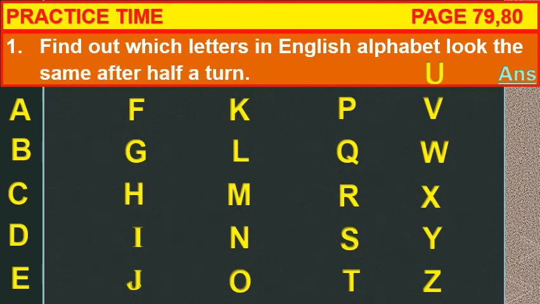Now, over to Practice Time, page number 79. First one. Find out which letters in the English alphabet look the same after half a turn. We can see that the original A, B, C, D, E and the alphabets A, B, C, D, E obtained after a half turn are quite different.